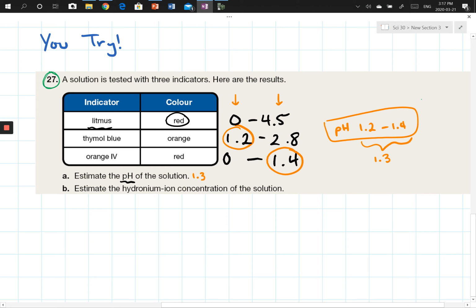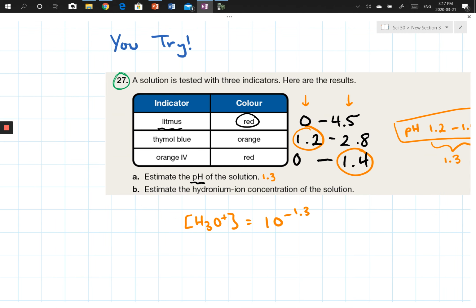Now we can add something to this. Question B says estimate the hydronium ion concentration of the solution. So we have to think back: to calculate the hydronium ion concentration, I take 10 to the negative pH. So I'm going to take 10 to the negative 1.3 and put that in my calculator.